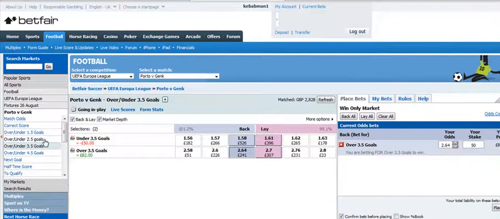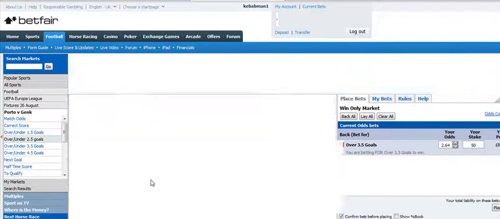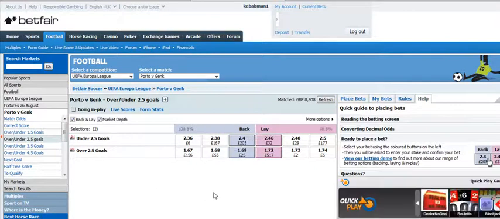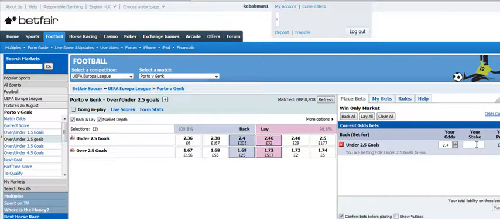And another option here is the NAC. You can back over 3.5 and back under 2.5. So we want a little bit more there.